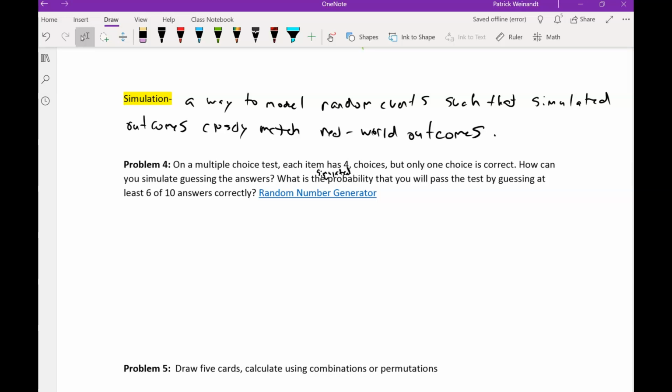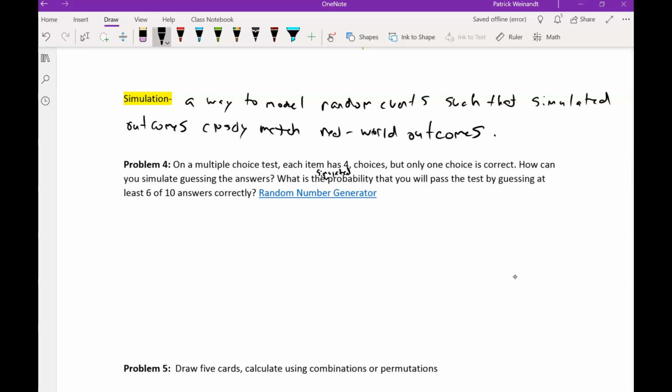Okay, so here's what we're going to do. We obviously can't do an experiment right now. I mean, maybe we could if we all had you take a test. But to kind of speed the process up, we're just going to simulate this event. We need to know a couple things. If each problem has 4 choices and one is a correct answer, we're going to assume that this is a randomly assigned correct answer.